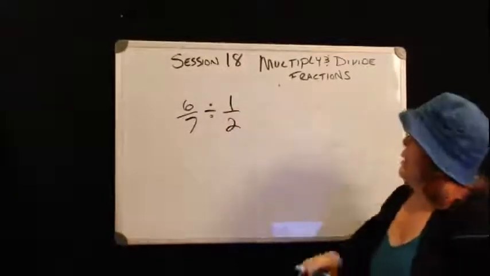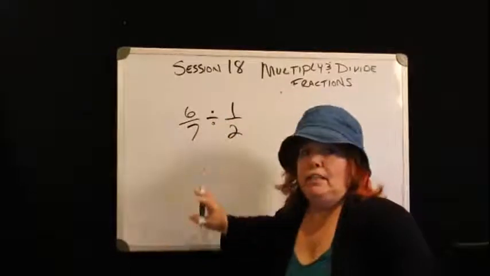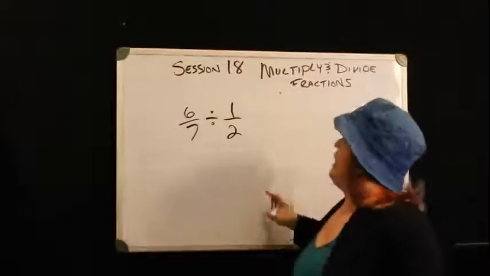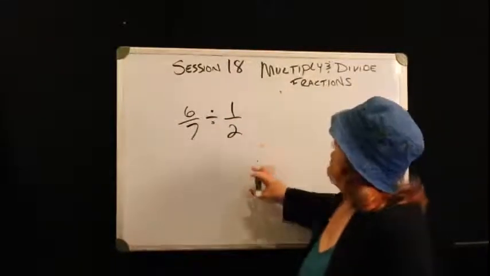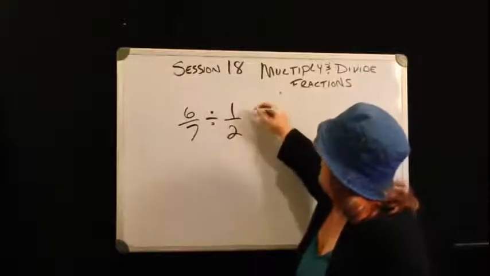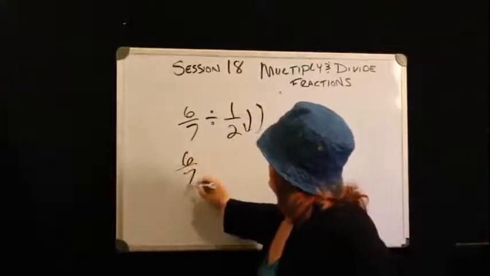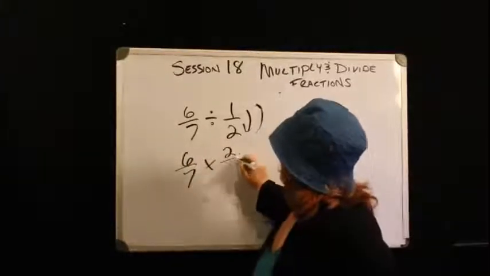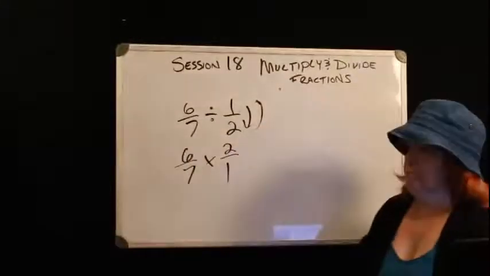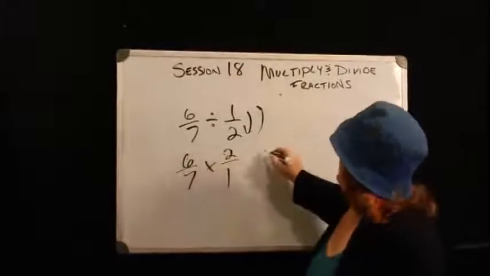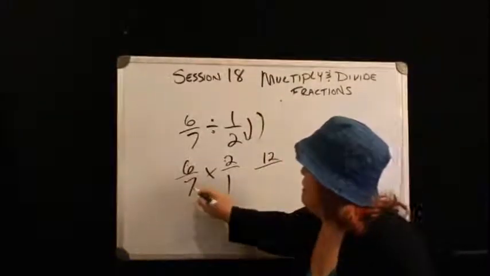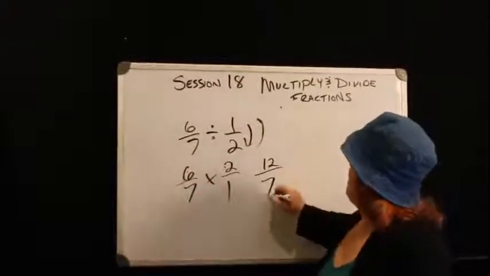Now, we don't need a common denominator. When we divide fractions, what we need to do with the one on the right is switch it. So it'd be 6/7 times 2 over 1. 6 times 2 is 12. 7 times 1 is 7.